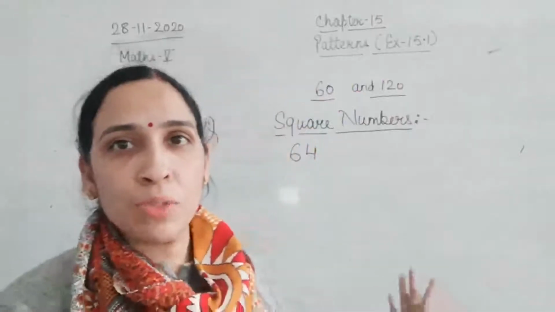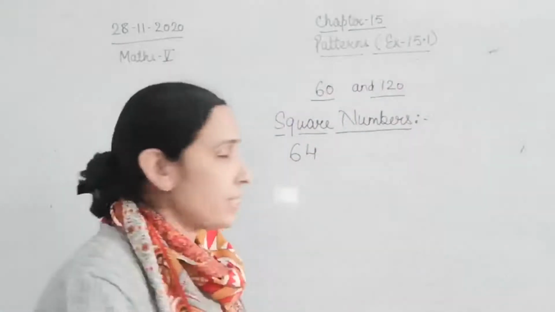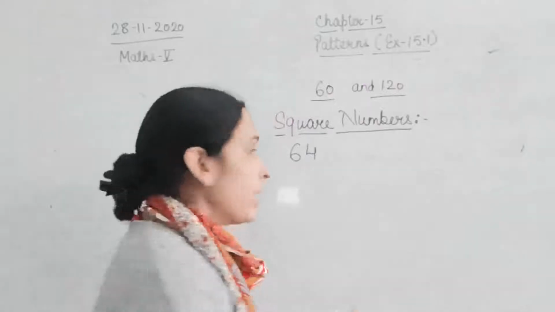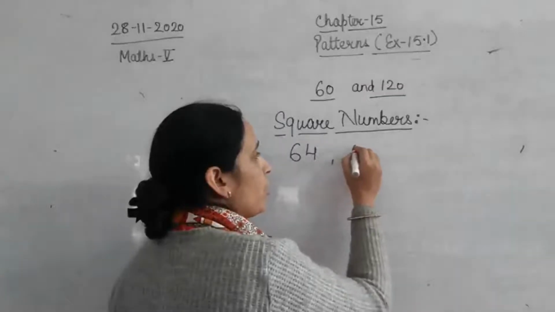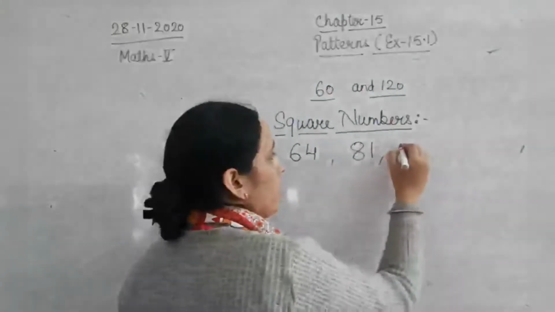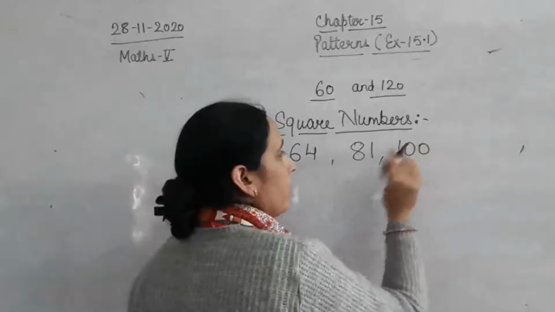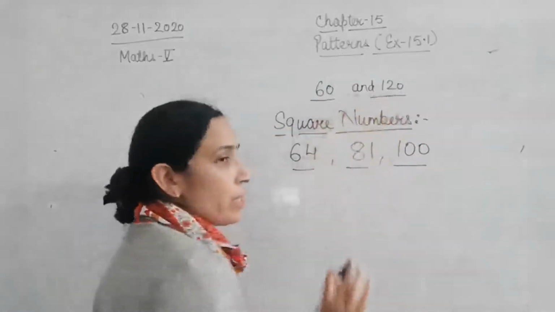So now the square numbers between 60 and 120 are, first 64, then the next one, that is 81, then 100, and these three only will come between 60 and 120.